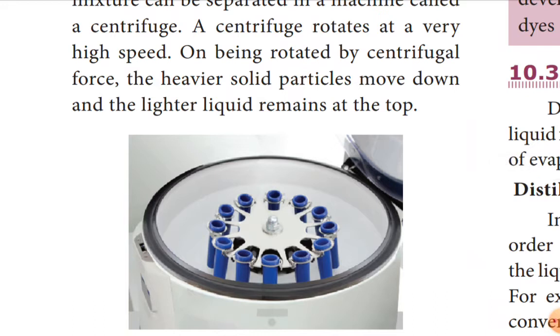You would have seen this machine in a clinical laboratory, where they use it to separate blood cells from blood samples. When this machine is rotated, centrifugal force acts, and heavier solid particles settle down while lighter liquid moves to the top.